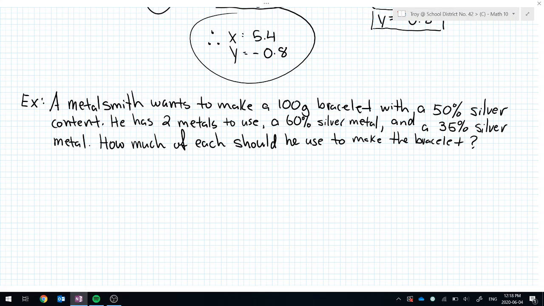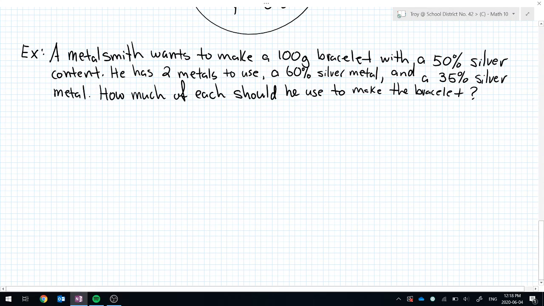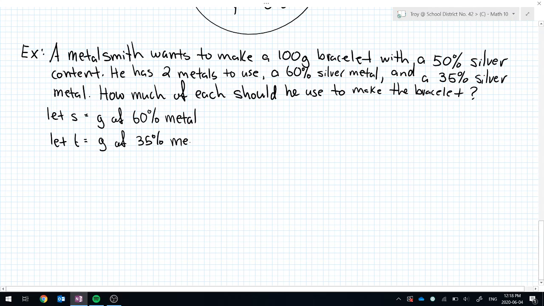Okay, so what I'm going to do, I'll pick some variables here. So I'll say let S equal grams of the 60% metal, and I'll say let T equal grams of the 35% metal, because we want to know how many grams he needs to use of each metal.